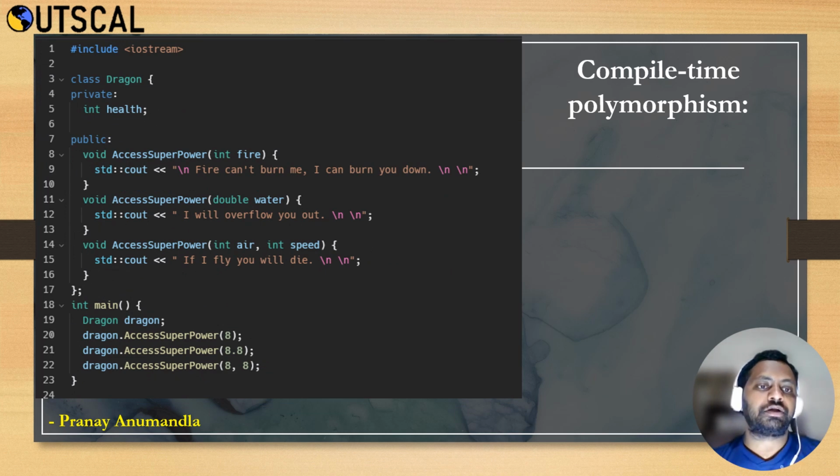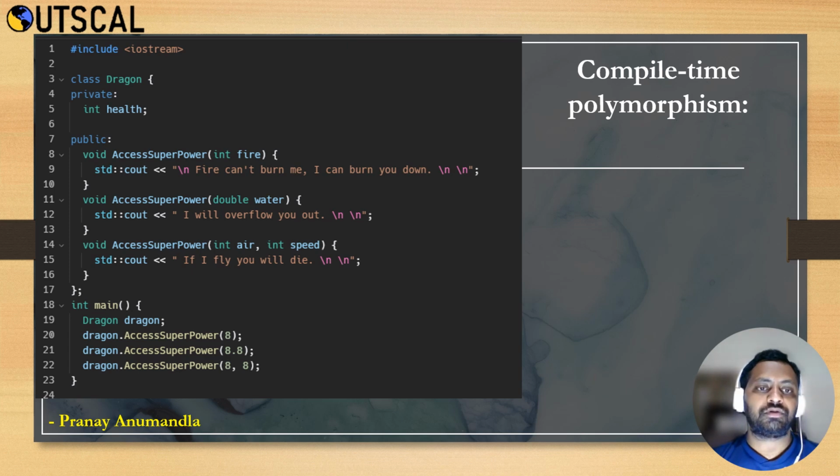Here I derived a dragon class and passed three functions with the same name. We can pass the functions in different classes, like different subclasses as well, but for example, I passed them in the same class, the dragon class. If you pass them in different classes, we can call them with different object names.